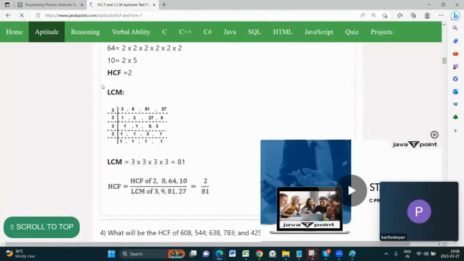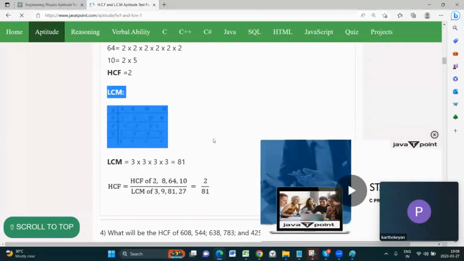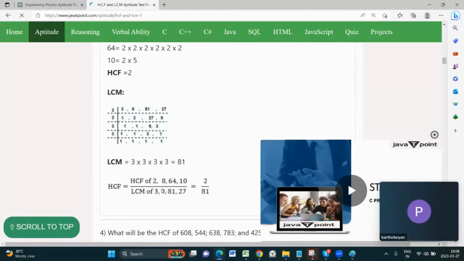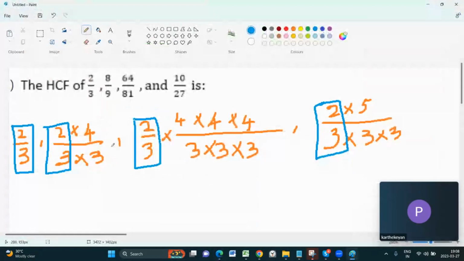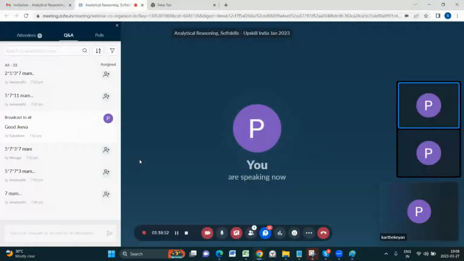For this, they are also taking the LCM. To find out the HCF, they are actually checking the LCM also. Why? Can you tell me why?